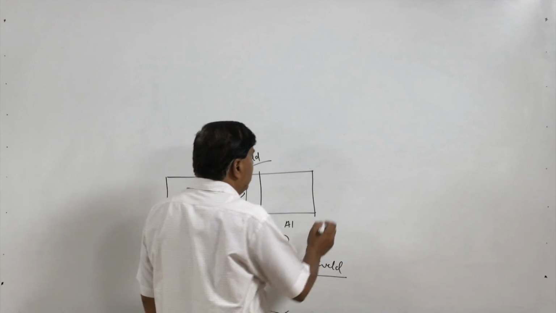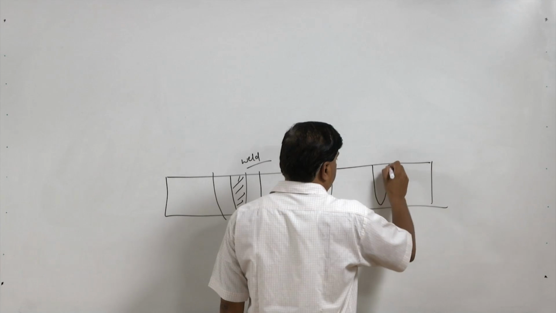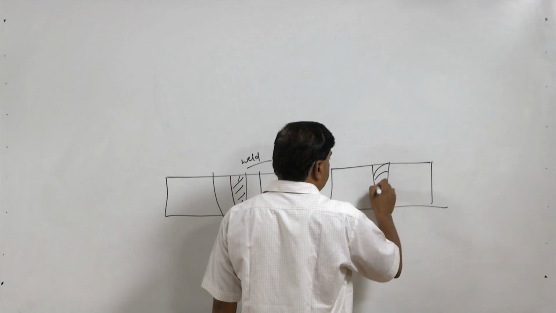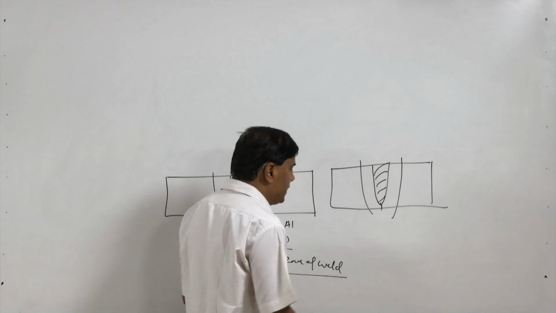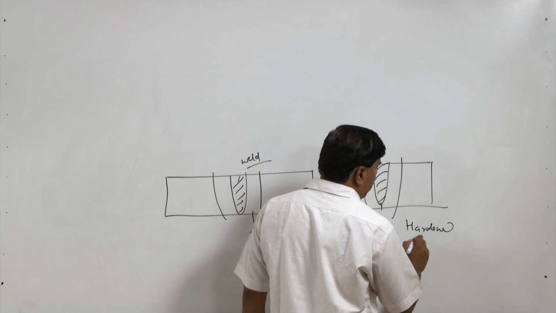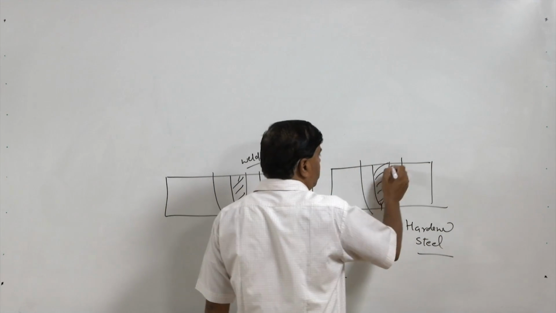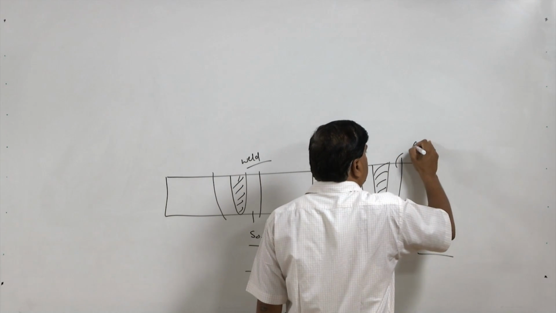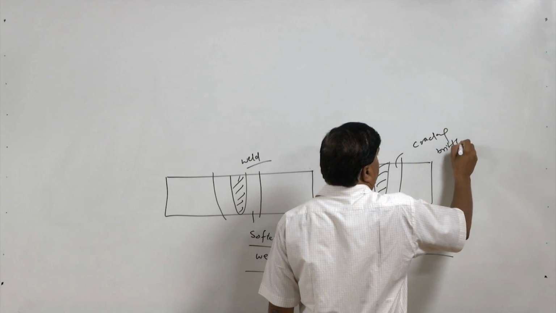On the other hand, if it is steel, then after the development of the weld zone, the narrow zone which is affected by the heat gets hardened in case of the hardening steels. So, this hardened zone becomes sensitive to cracking as well as brittle fracture.